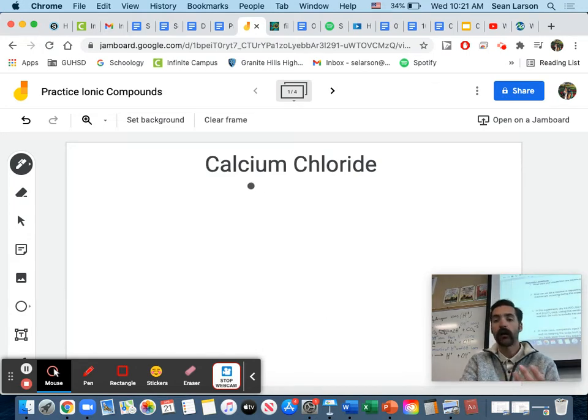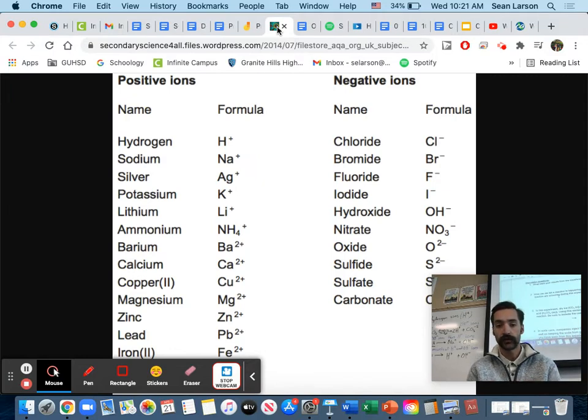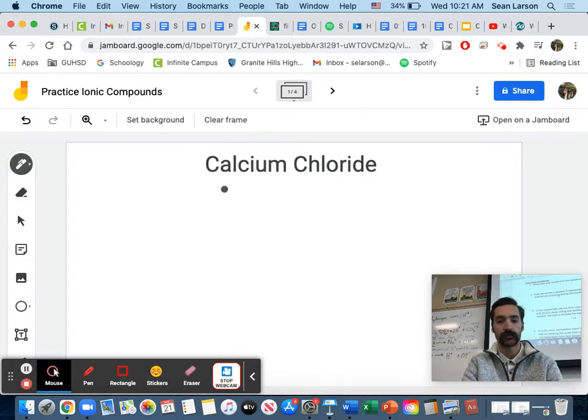Using our handy-dandy ion chart here, we can look at what our different charges are. Looking here, calcium has a +2 charge, so we'll jot that down. Calcium is 2+.